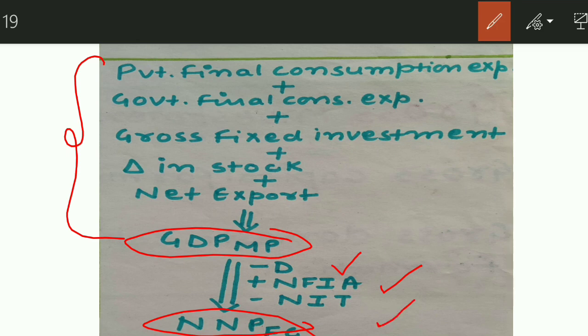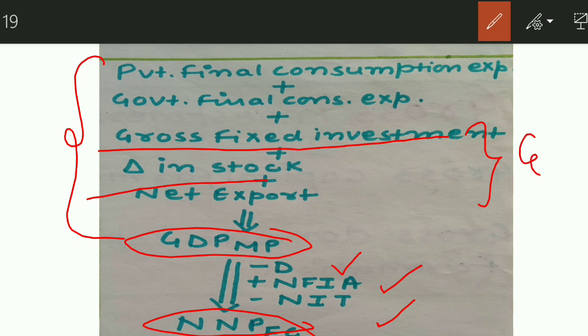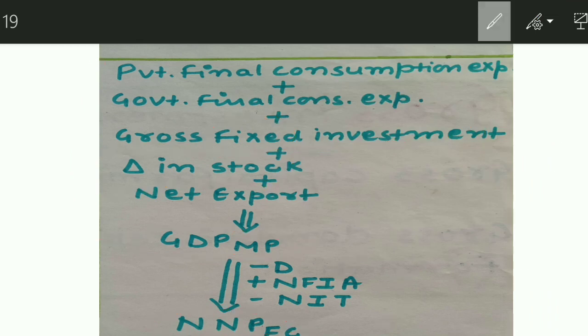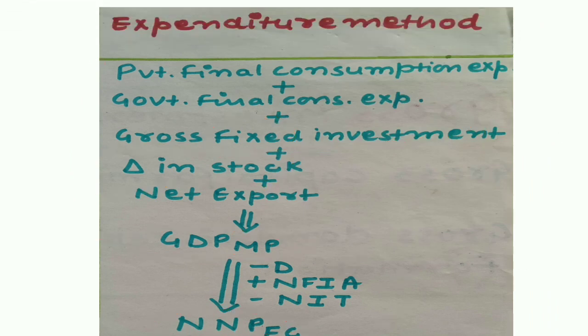See, gross fixed investment plus change in stock together is gross domestic investment, or simply gross investment. Whenever there is fixed, it means you have to include change in stock as well. I hope this is clear to you, that is how we find national income using the expenditure method.